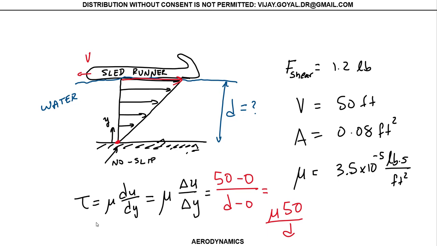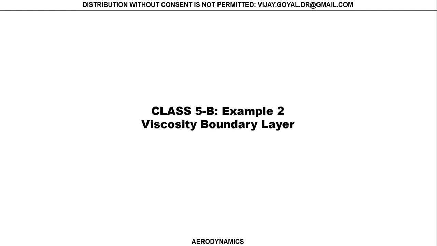In this particular example, we were just asked what this distance was, and we were given enough information to calculate my shear flow. Okay, so this is another example of how we can use the boundary layer, viscosity boundary layer applications.